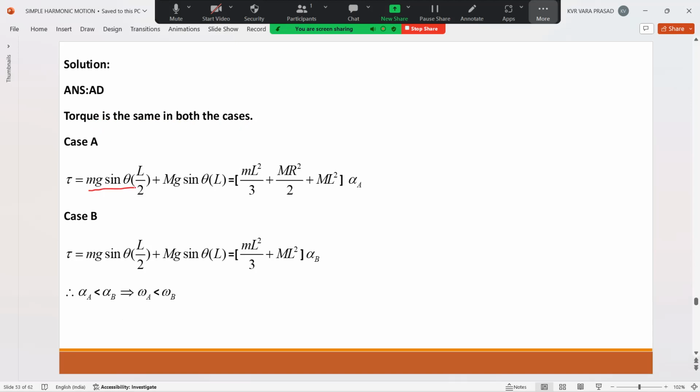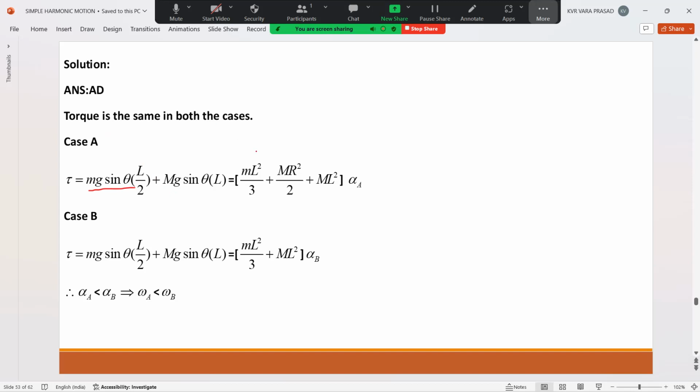This is because of the weight of the rod, because here we are taking the weight of the rod as passing through its center of mass. That's why it is L by 2. Next, mg sin theta into L. This is due to the weight of the disk, so this does not depend on how the disk is fixed. That's why torque is the same in both cases.